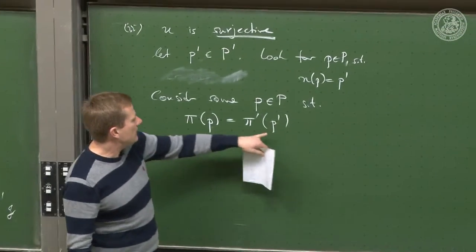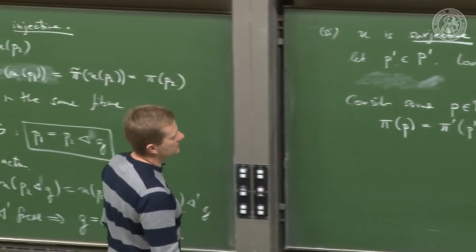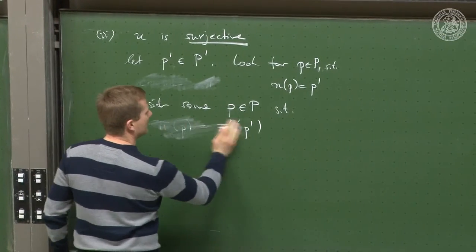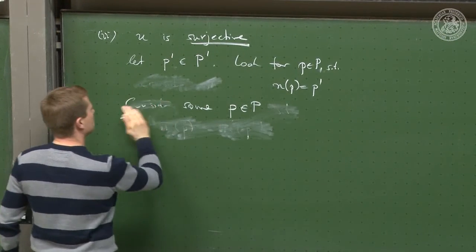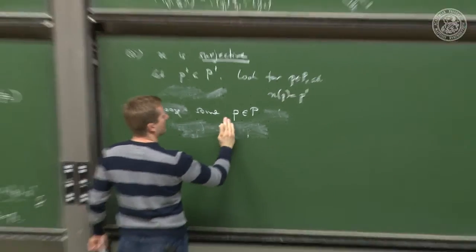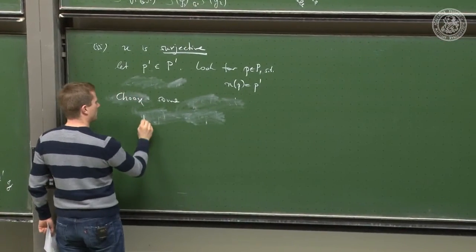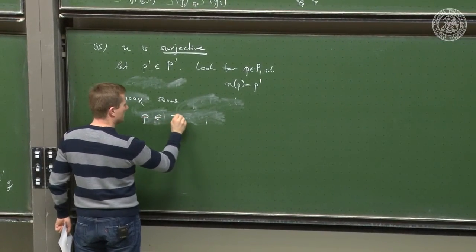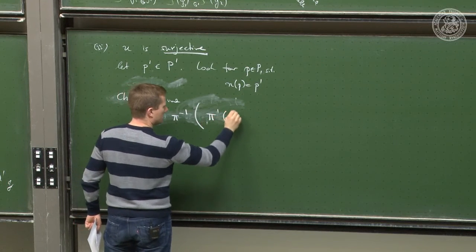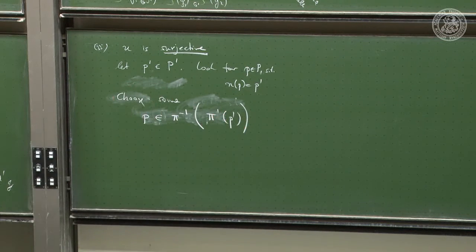And I can certainly find a P in the respective fiber. So if you don't like this, I could say, better, choose some P in the fiber over that base point.